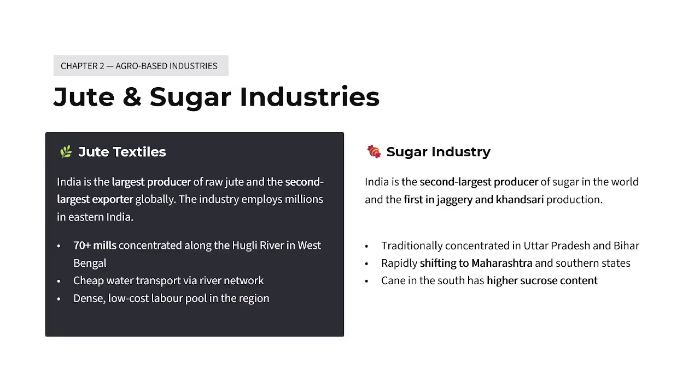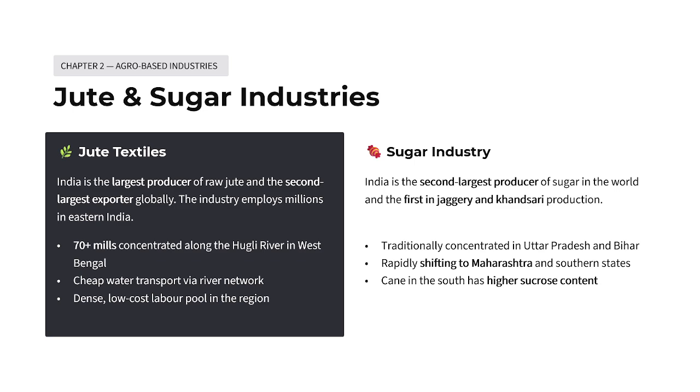Jute and sugar industry. Jute textile: India is the largest producer of raw jute and the second largest producer and exporter globally. The jute industry employs millions in the eastern part of India, meaning West Bengal.